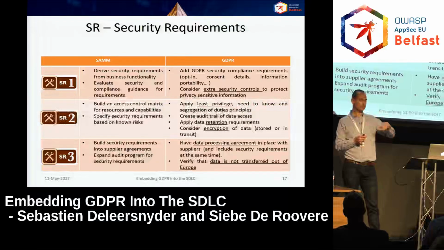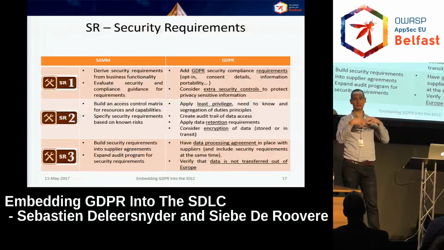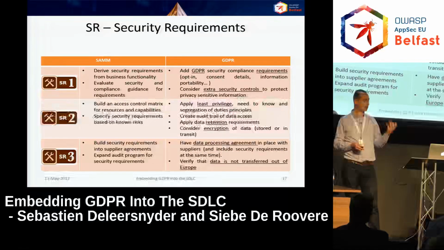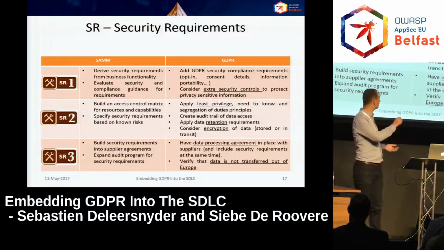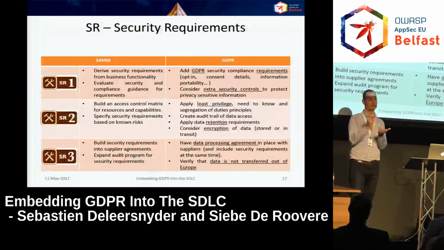An important thing to realize is that rarely do we see software created as one monolithic piece. It's really pieces of software and services working together, also with software suppliers providing services. So having a data processing agreement in place with your suppliers is an important aspect, and maps really well on something you need to have as part of your GDPR activities.